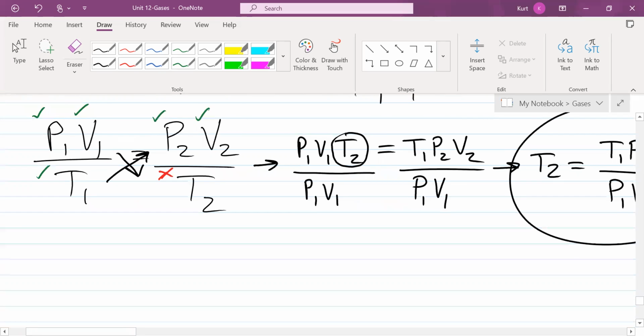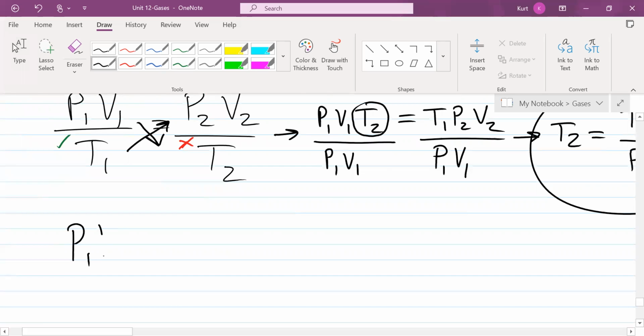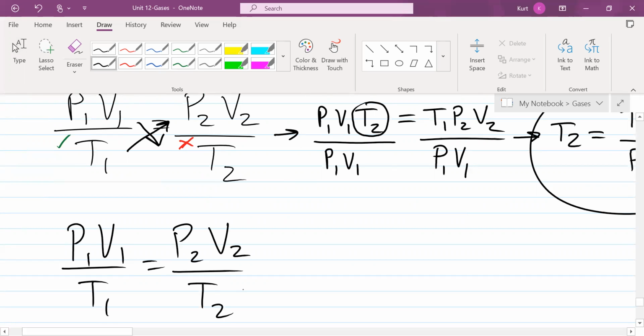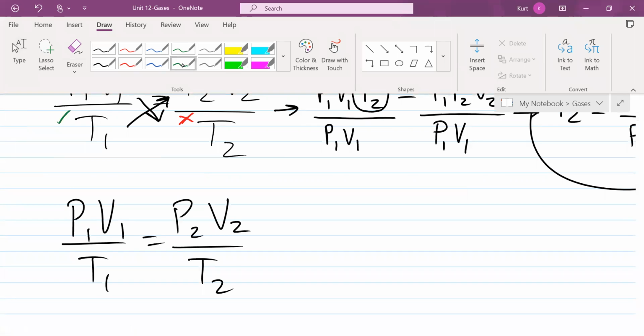Okay, let's try another one. P1 times V1 over T1 equals P2 times V2 over T2. Jade, what if we were given P1, V1, T1, P2, T2, but we do not have V2? How do we get V2 all by itself?